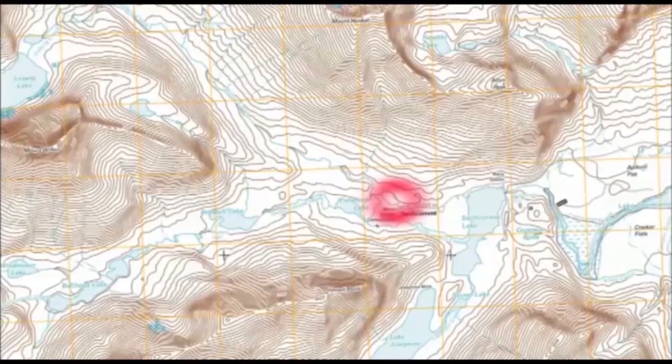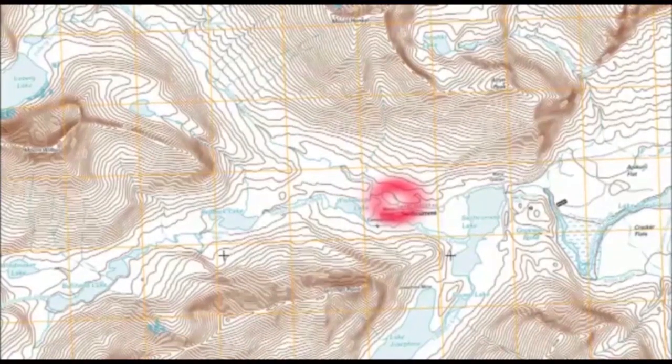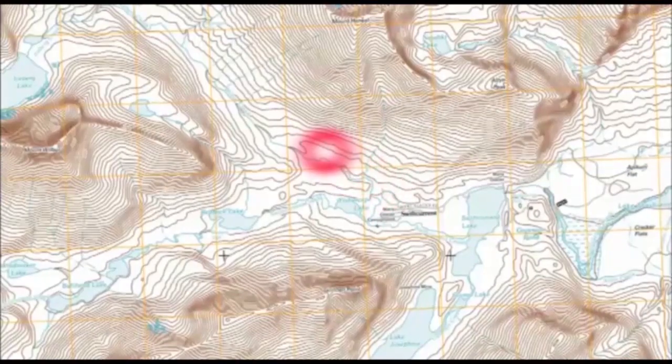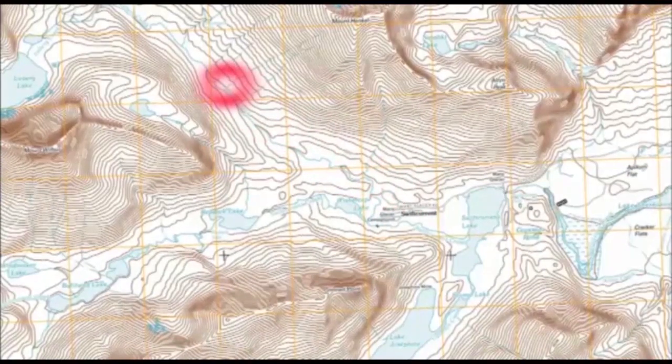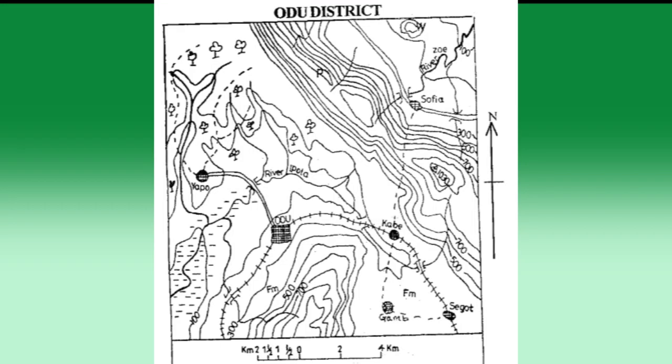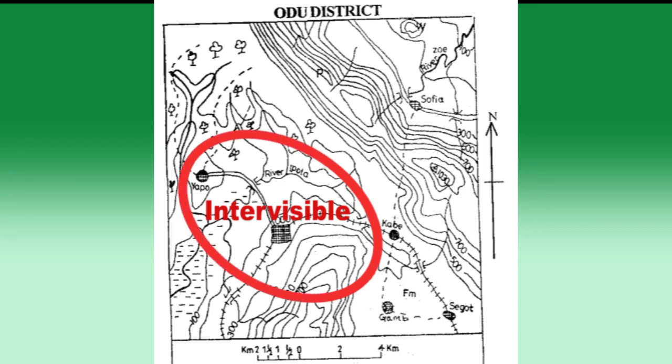So the river flows from the bent part to the open part of the valley. So in the V shape, it flows from the bottom of the V to the top that is opened. Then a gentle slope, all its points are intervisible to one another.